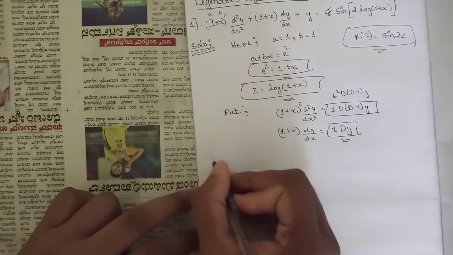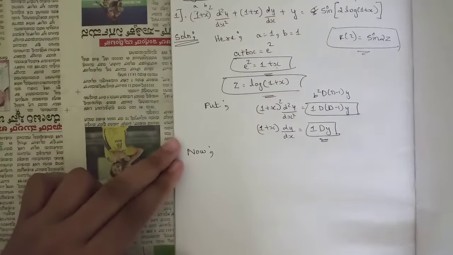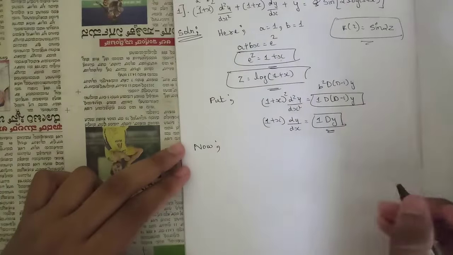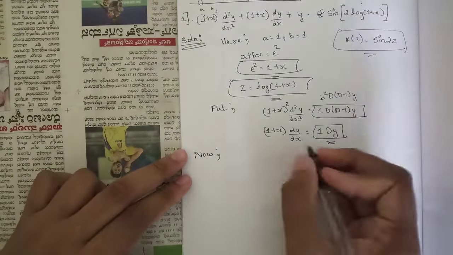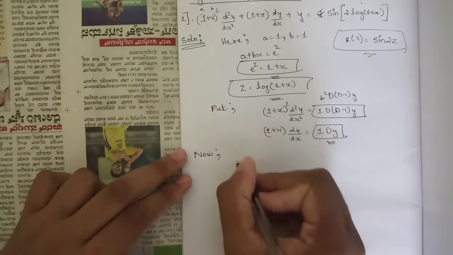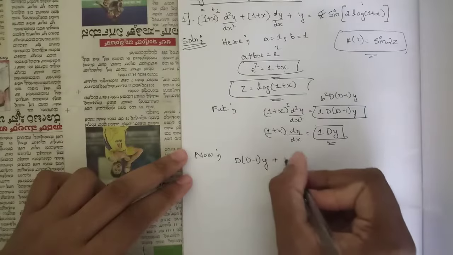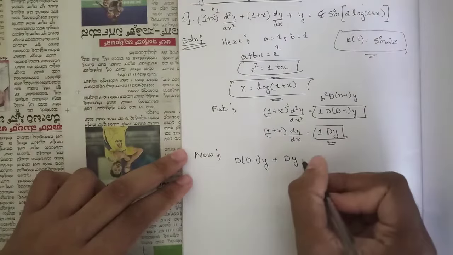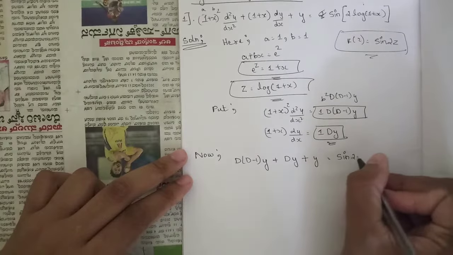Okay, yeah, so now after all the substitutions we get (1 plus x) whole square d square y by dx square can be written as d into (d minus 1) into y plus dy, plus y is equal to sine 2z.